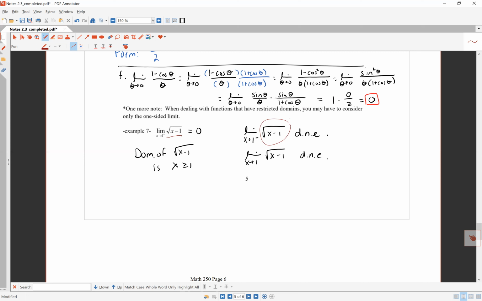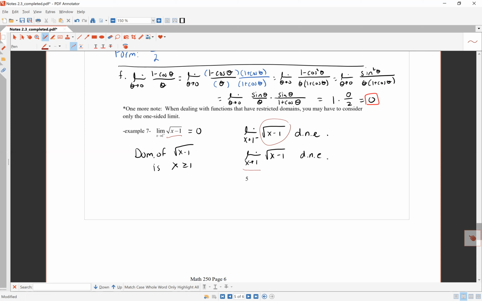Remember, DNE means doesn't exist. You have to restrict the domain, because when we say the limit as x goes to 1, that means we're going either from the right or from the left. It only exists as we go from the right.